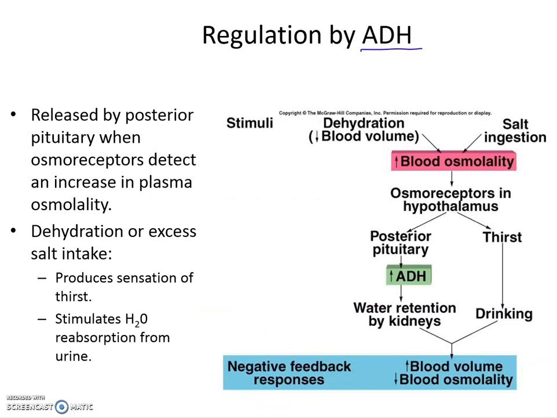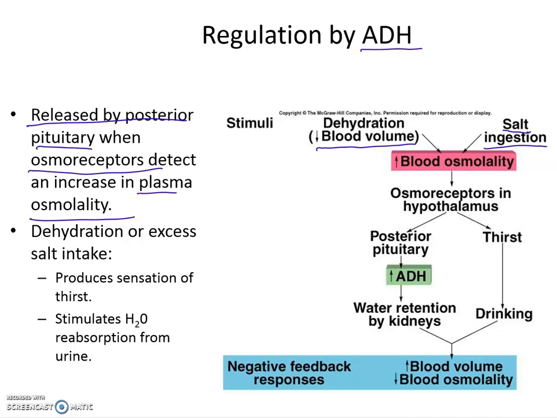Remember, the ADH is made by the hypothalamus and then stored in the posterior pituitary, and it will be released from the posterior pituitary when the osmolar receptors detect an increase in plasma osmolarity. So that means we are either dehydrated, we have decreased blood volume, which will increase your blood osmolarity, or we have ingested too much salt, and therefore our blood osmolarity is too high.